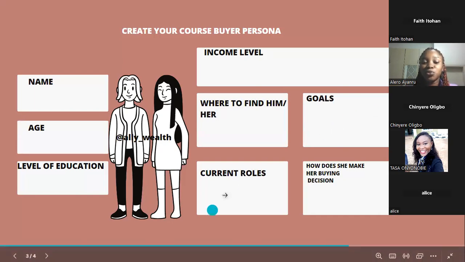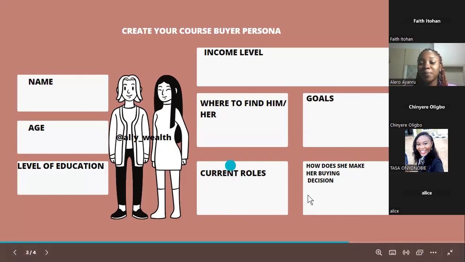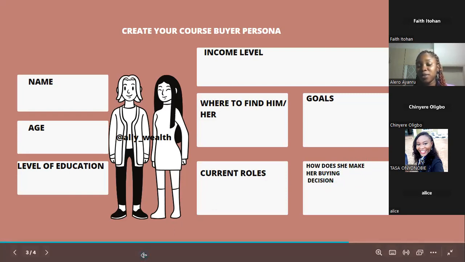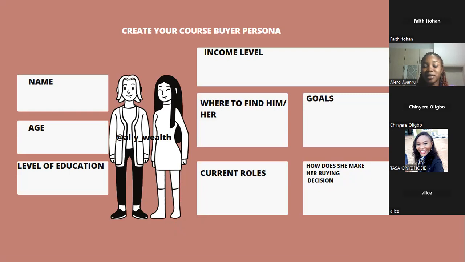And then the current goals. Most of these people are business owners, most definitely. And then how do they make their buying decision? Like I said for the bridal train some minutes ago, you can say a 3 to 6 months plan. Somebody that is getting married, of course, there are some cases where the person just wakes up and says, let's go to the registry and get married.